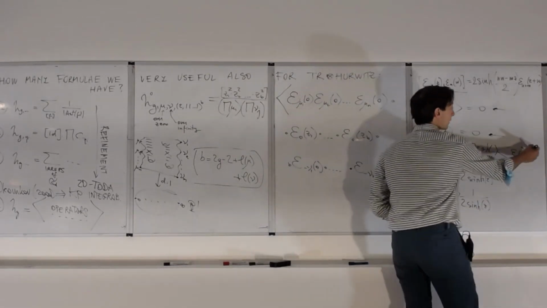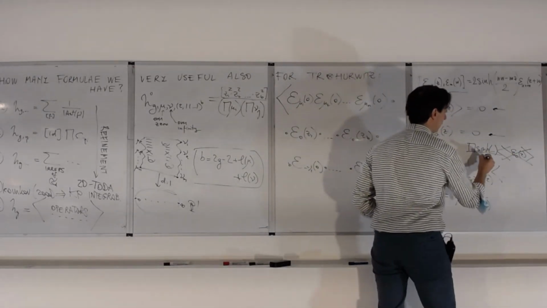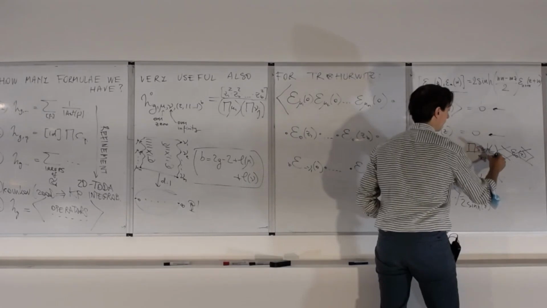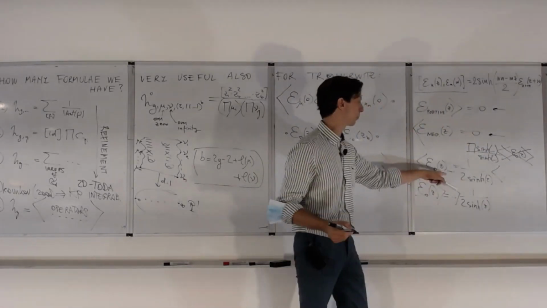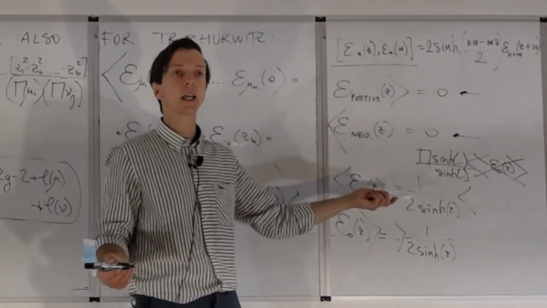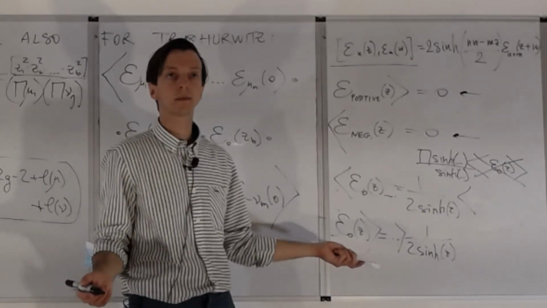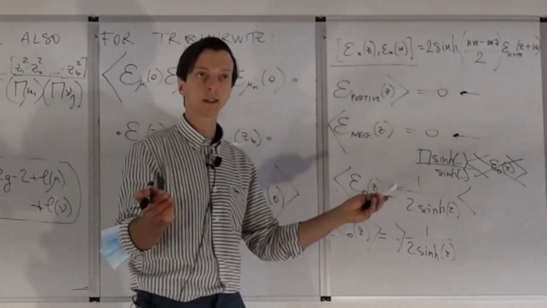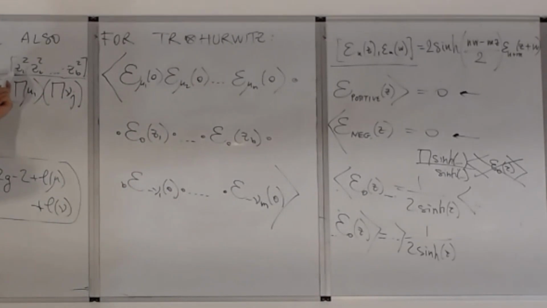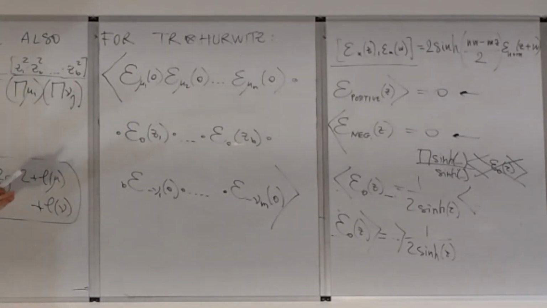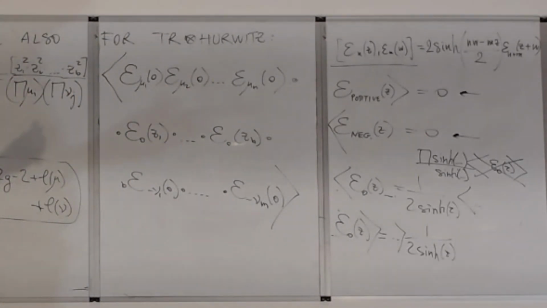You just get rid of this, and you create another hyperbolic sine downstairs because of this property. So at the end, you just have ratios of hyperbolic sines. Then you expand in power series. Then you select z to the power 2, and then you get a number. This is how it works.